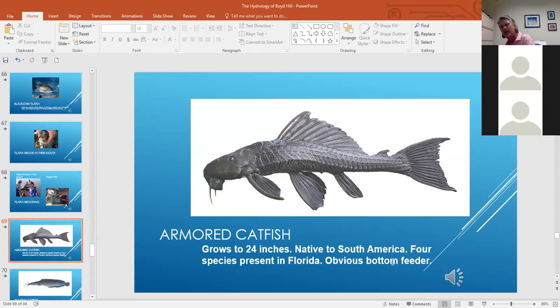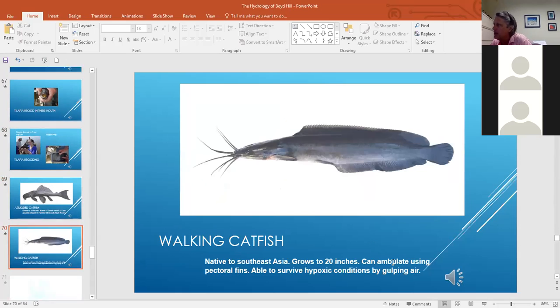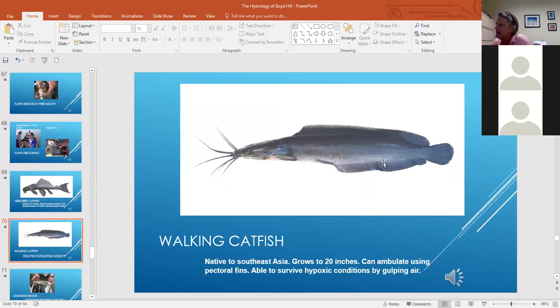They're called plecostomus or plecos in a pet store. Another exotic, you can buy these as well in pet stores, are the walking catfish. They can actually move from pond to pond during times of drought.